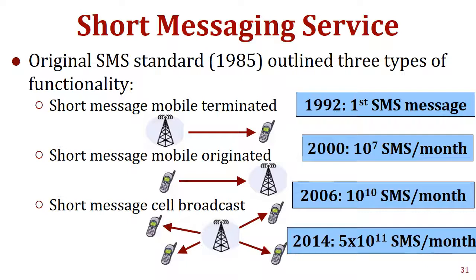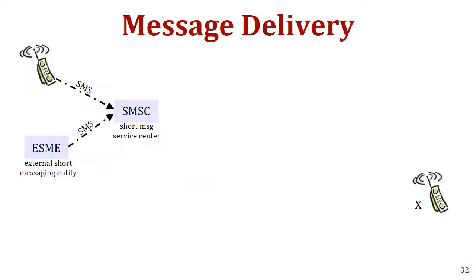So how will a short message ever be delivered to your device? First, your phone will talk to the short message service center. All external short message entities will also talk to that. Sometimes we will get alerts; basically, these kinds of messages are from the external short messaging entities.